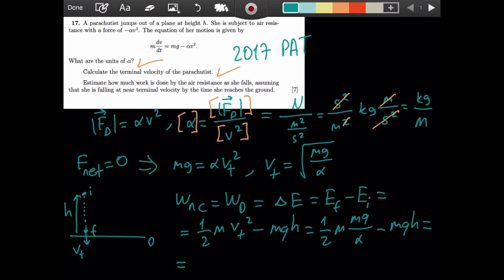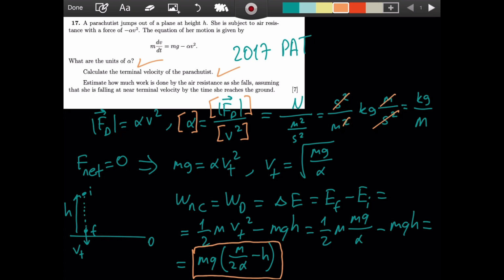Moving on, if I factor out mg, we will have m over 2 alpha minus h, and this is the work done by the drag force.